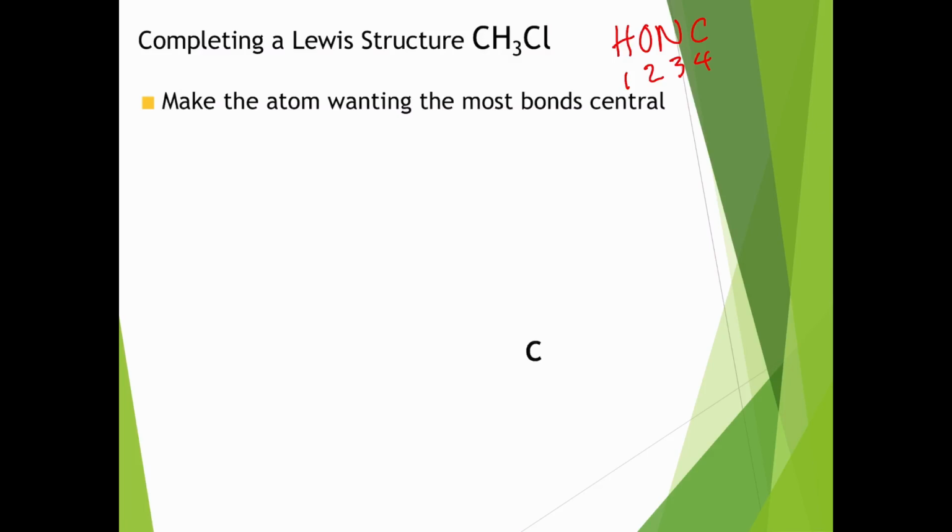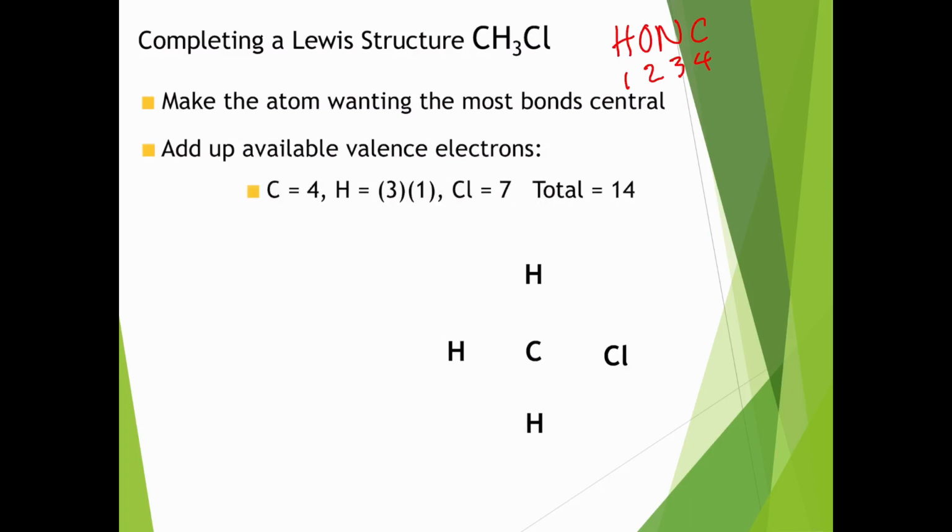And then we are going to figure out how many valence electrons we have to use. So how many valence electrons do we have? Carbon has 4 valence electrons. Each of the hydrogens comes with 1, and there are 3 of them. And chlorine comes with 7.